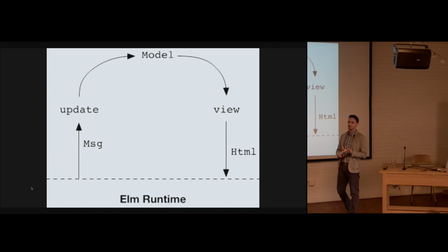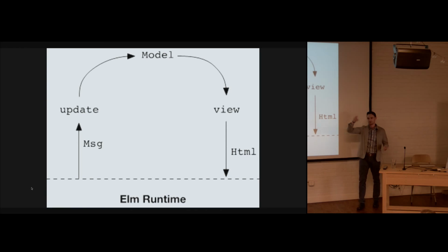You have a view function. The view function takes in your model, and it spits back some HTML at you. And then the next thing that you have is your update function. So in Elm, they have this idea of parameterized HTML, which sounds really scary. Essentially what that is, when you define your view function, you say, I have these messages that I want my HTML to be able to release or to emit.